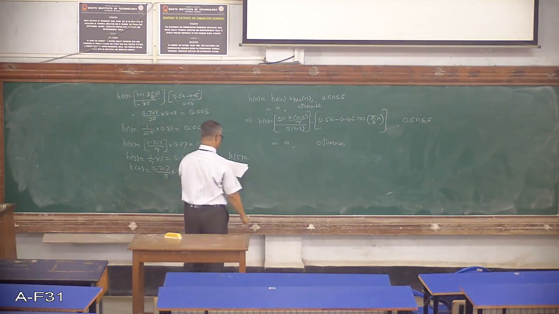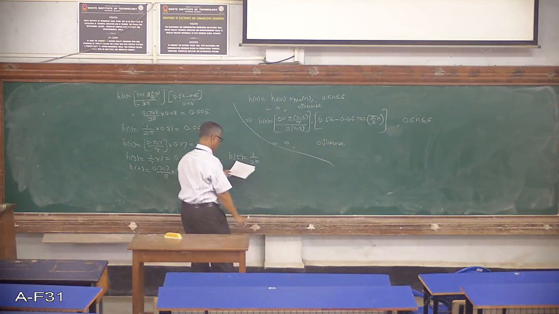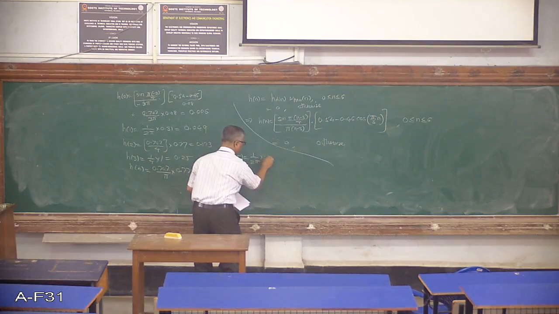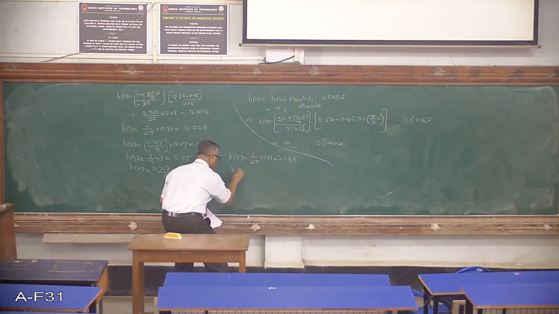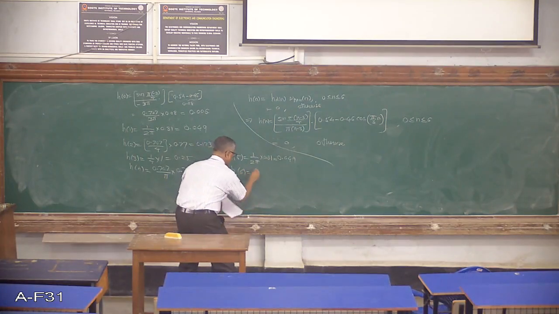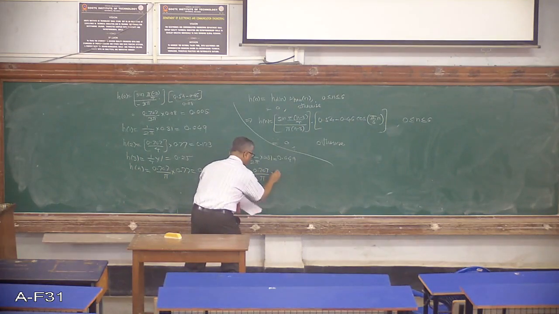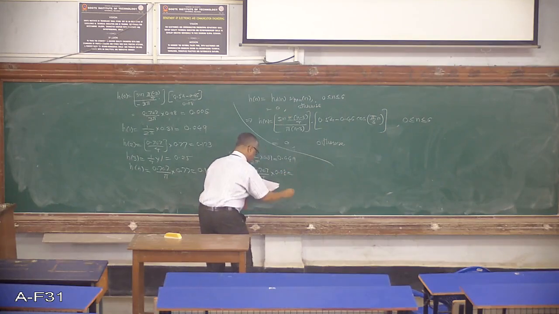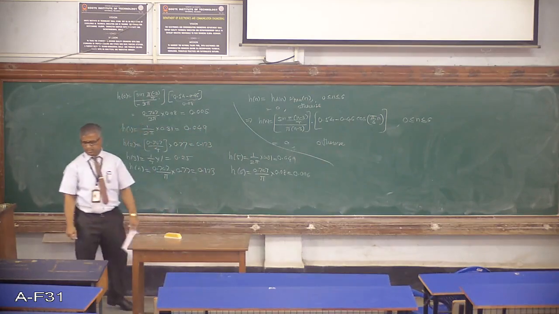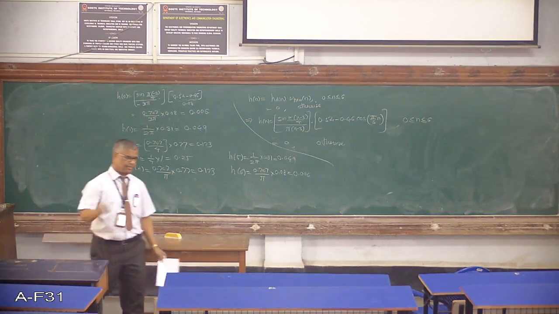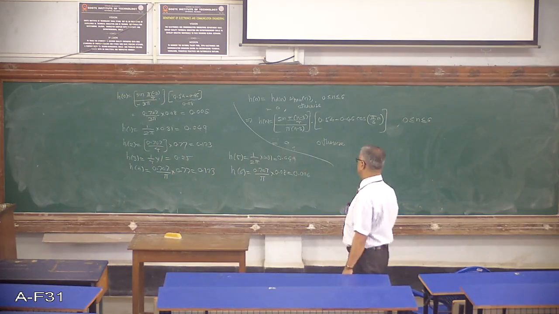H of 5, you get 1 upon 2 pi into 0.31, which is 0.049. And the last value, H of 6, you can check, 0.707 divided by pi into 0.08, which will be 0.006. So these are the coefficients of the FIR digital filter obtained by truncating that unit impulse response.